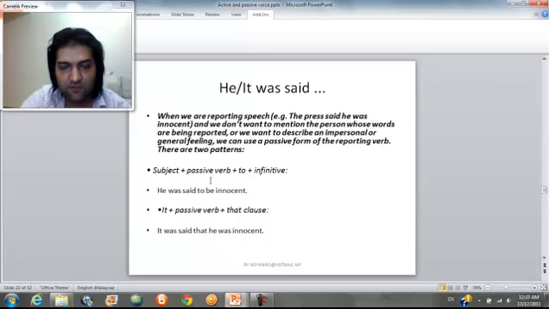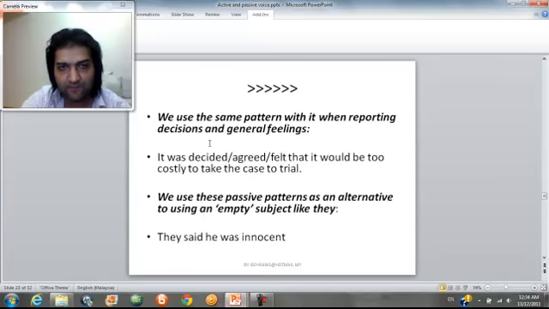There are two patterns here, you see. Subject plus passive verb plus to and infinitive, like when we go, he was said to be innocent. The second form is it plus passive verb plus that clause, as we have, it was said that he was innocent, in this example.